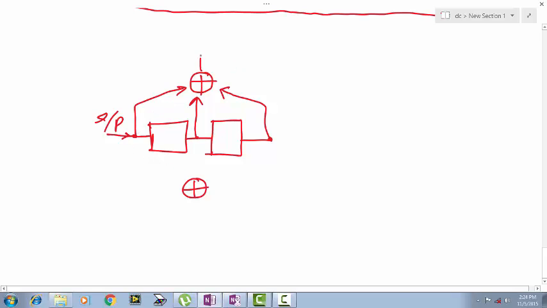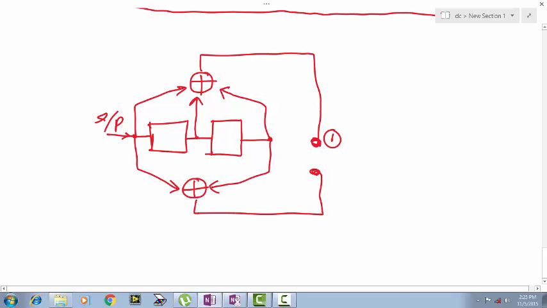This is the output of the first adder, first output, and then second output, and at the output there will be a multiplexer or a switch to connect between these 2 outputs.